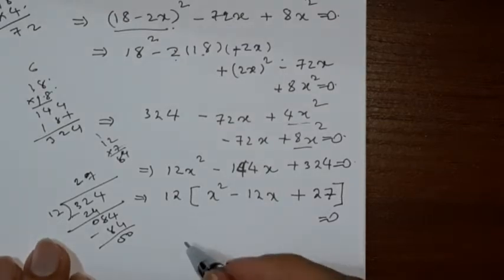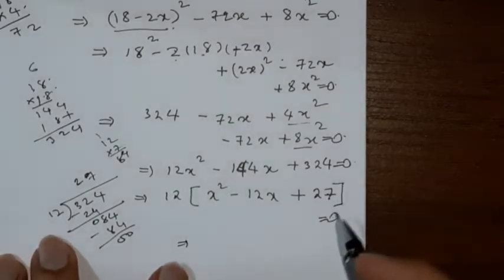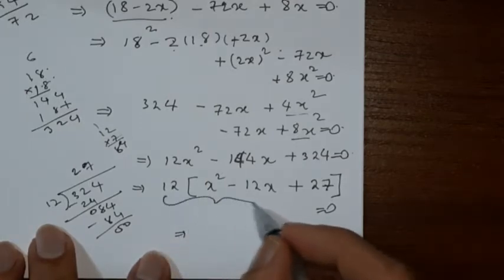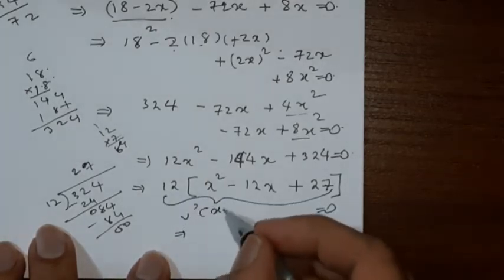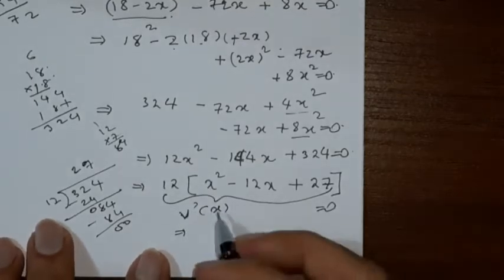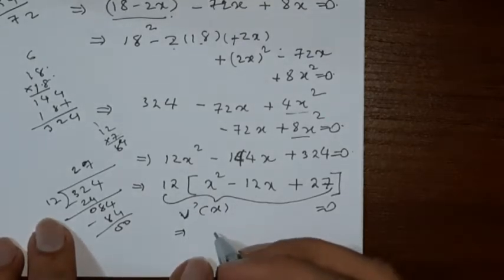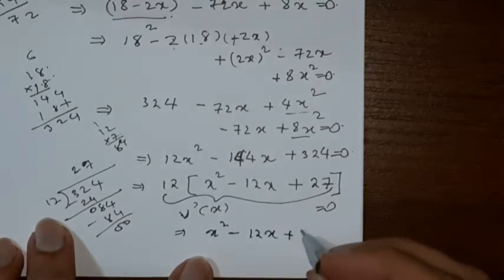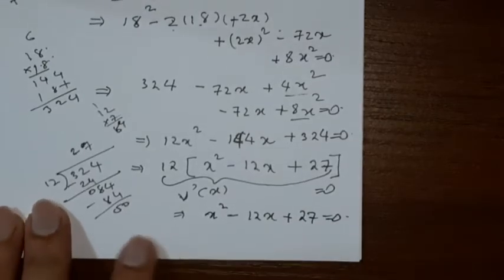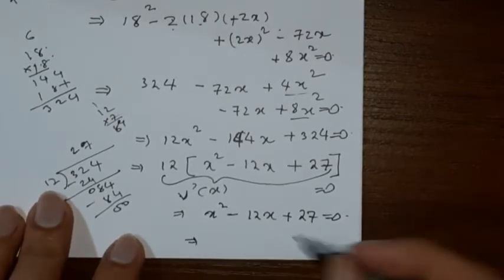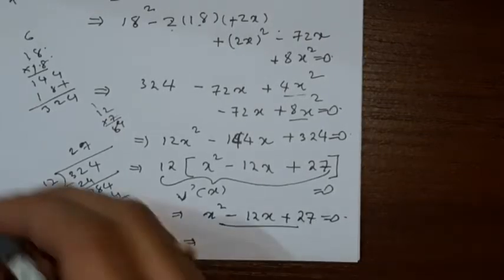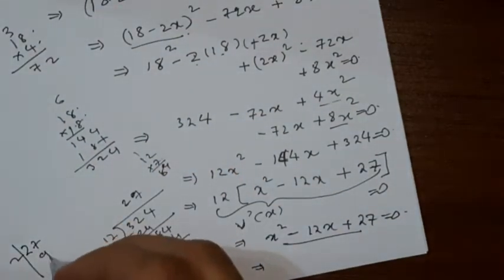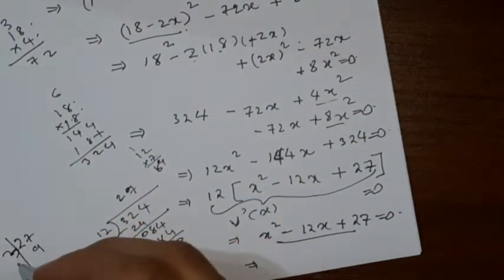So now once you have this, we can divide by 12 on both sides. Now you remember that this is the simplified form of v prime of x. If you divide by 12 on both sides, you will get x square minus 12x plus 27 equal to 0. So now we have to factorize this, that is 27. 3 9s are 27.